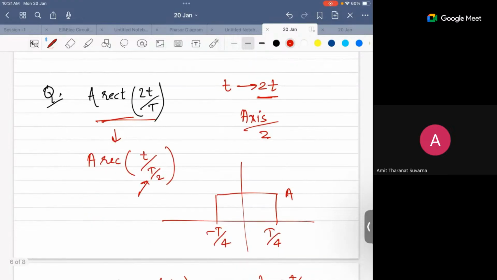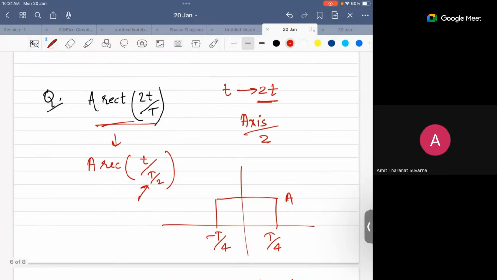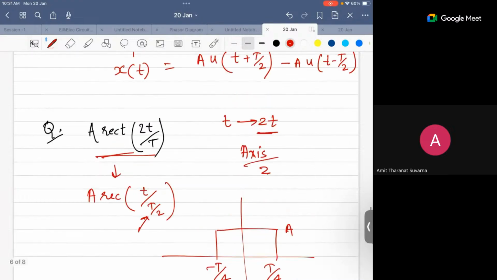So what happens in rect of 2t by tau? See, this is a rect function, right? You can think in two ways. One approach is that we are changing t to 2t.